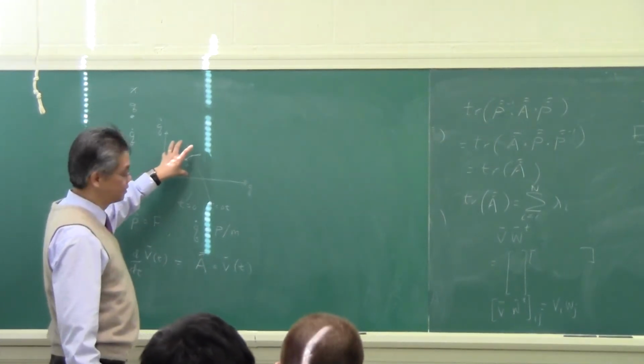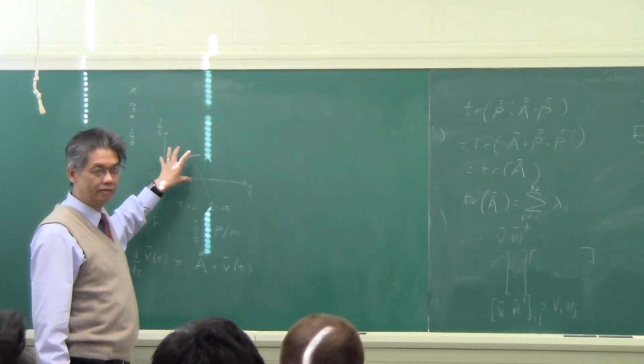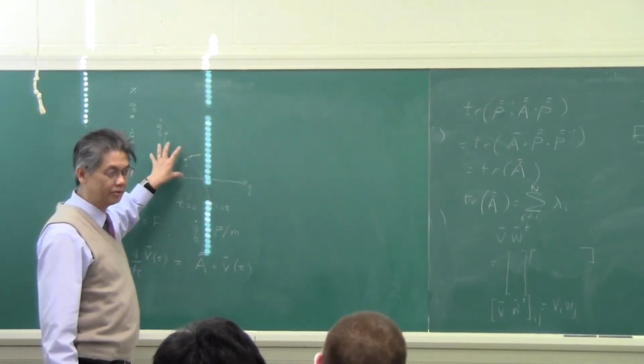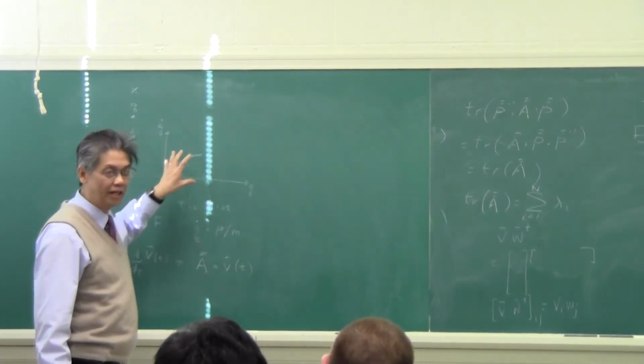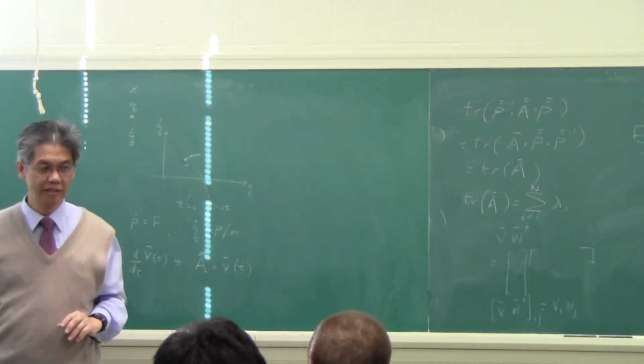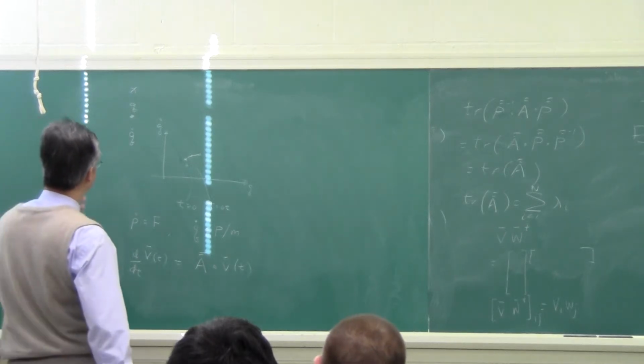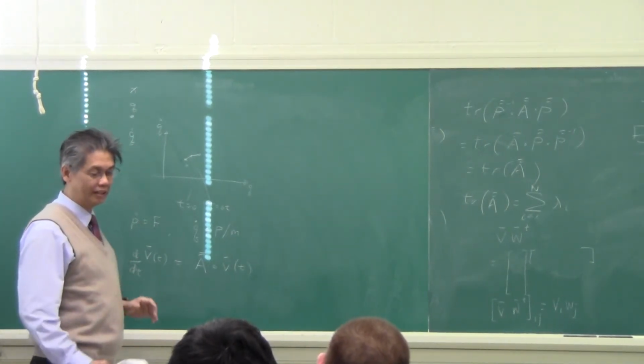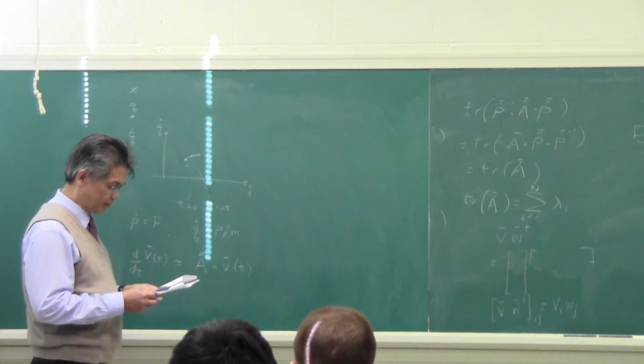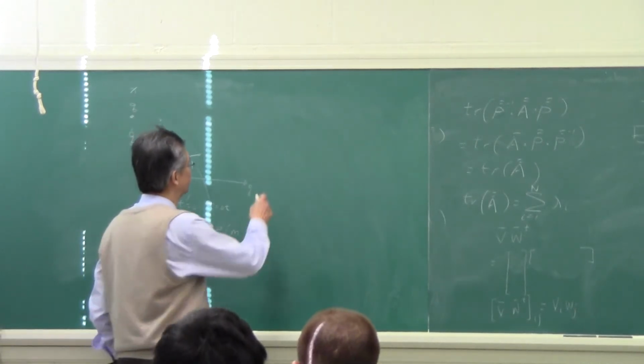In order to describe the behavior of this particle, we have to introduce the Schrodinger equation, which governs the behavior of the wave function. And from those wave functions, you can get classical quantities like position, momentum, velocity and so on.